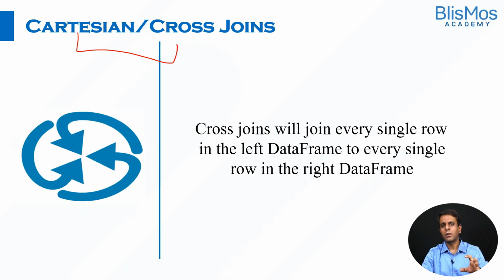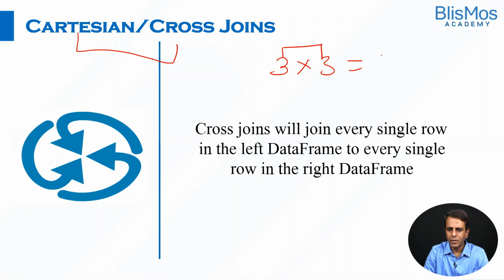Cartesian product is one of the terminologies used in mathematics, especially in set theory. When you say get the Cartesian product of two numbers, we will say 3 into 3 is 9.